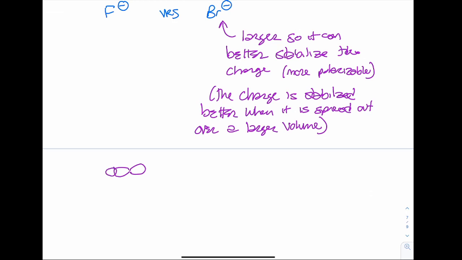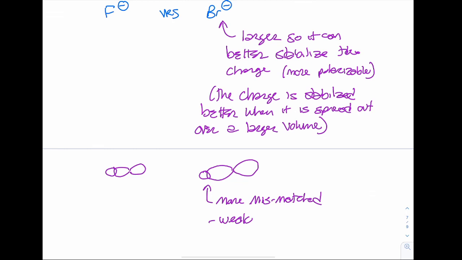And then look at HBr, bromine is in the fourth shell, so its orbital is bigger than that of fluorine's. Hydrogen is the same size. That's supposed to be a sphere. Sorry, that's pretty ugly. But this is more mismatched. So it's a weaker bond. So easier to break.